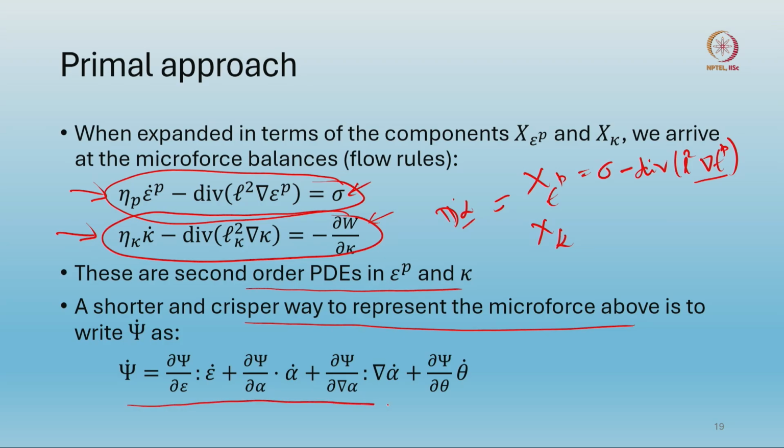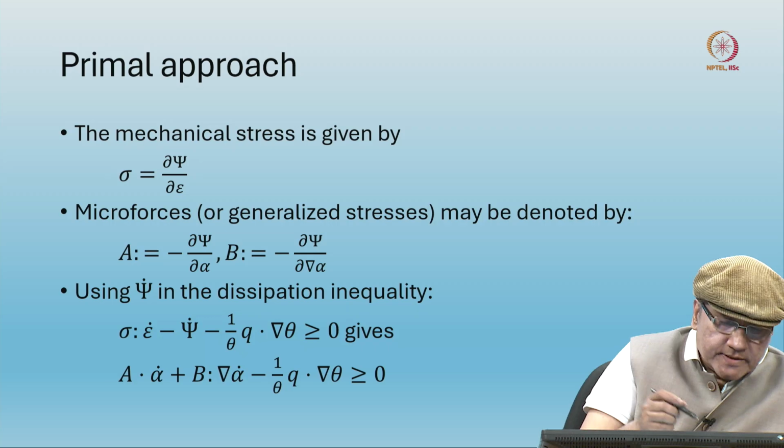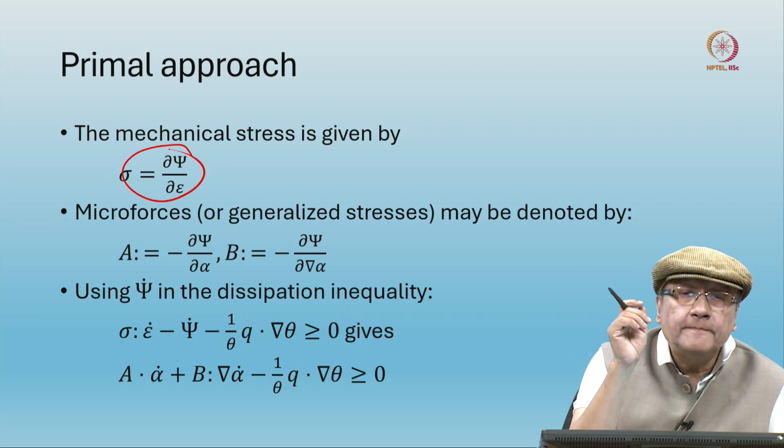So psi dot you write this way, okay. Psi is a function of epsilon, alpha, grad alpha, absolute temperature theta. Remember that, okay. Now take the time derivative. You recall, right, psi equal to psi of epsilon, alpha, grad alpha, theta, correct. So this is the chain rule. Now the mechanical stress is obviously by Coleman-Noll, sigma is del psi by del epsilon, okay.